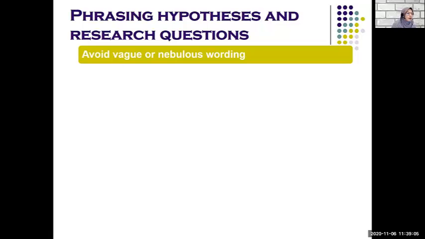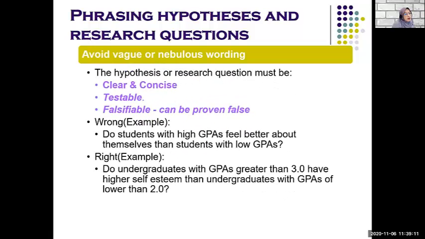Paraphrasing hypothesis and research question. Avoid vague or nebulous wording. The hypothesis or research question must be clear and concise, testable, possible, that means can be proven false. Wrong example: Do students with high GPAs feel better about themselves than students with low GPAs?